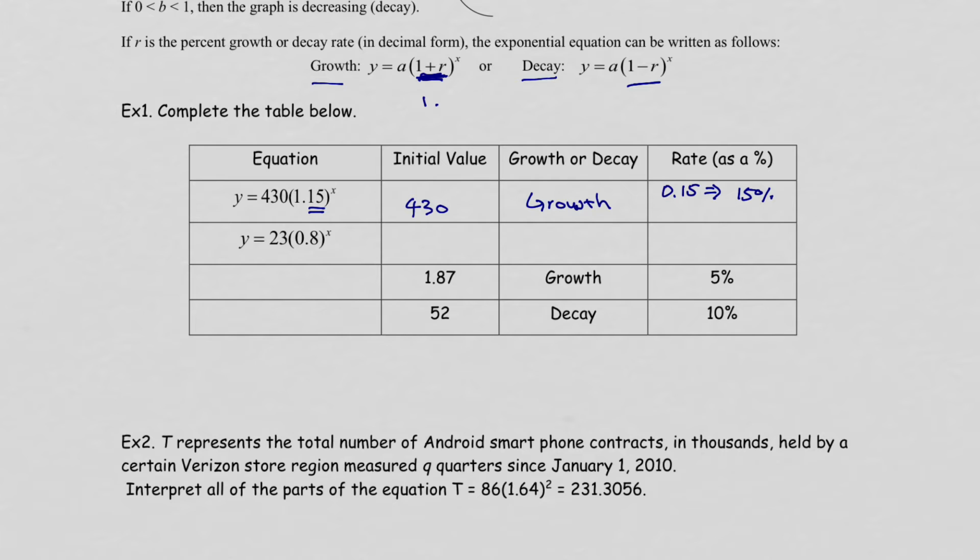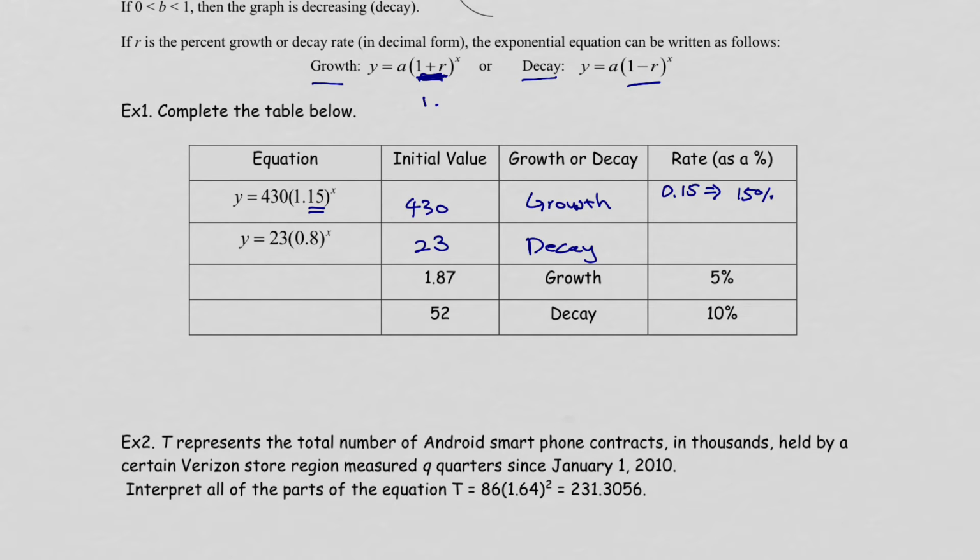Let's try one more. So if you have y equals 23 times 0.8 to the x exponent, this is exponential, right? Your initial value should be 23. And you see 0.8, which is smaller than 1, so this is going to be decay. And then the rate: how do you get that 0.8 from 1?